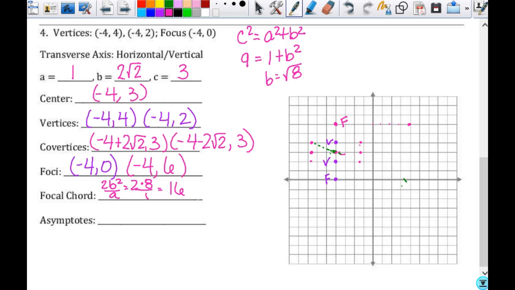Did we do something wrong? Is yours way off? It is the square root of 8, right? Okay, I'm just making sure. I've got the right numbers here.